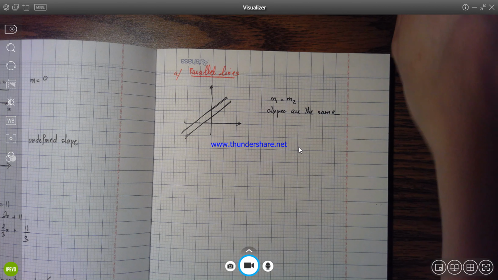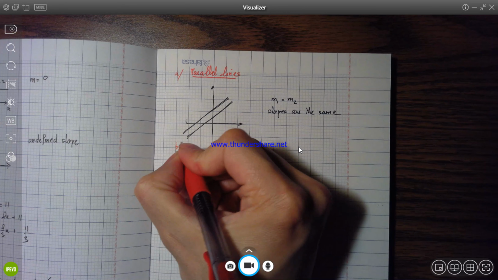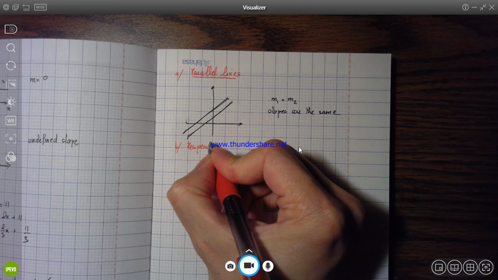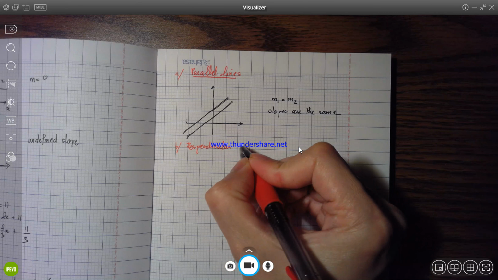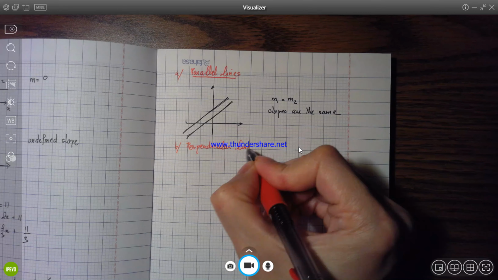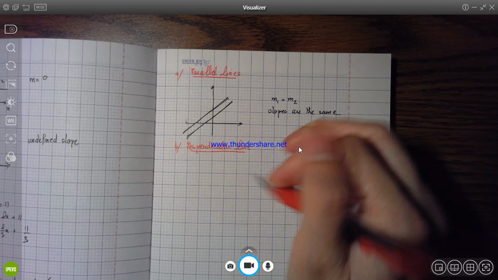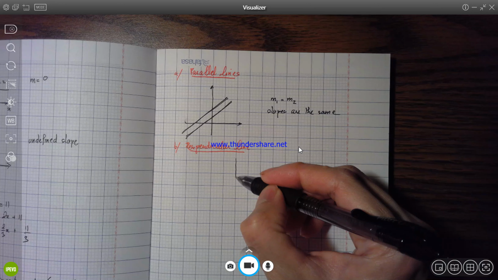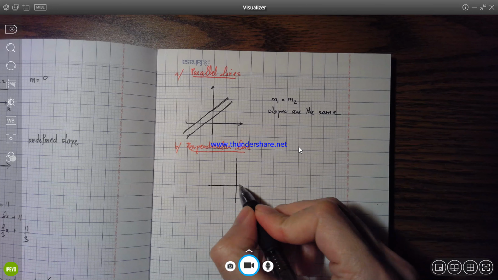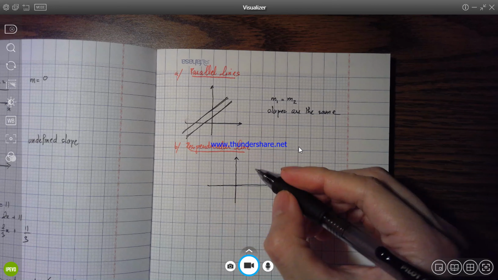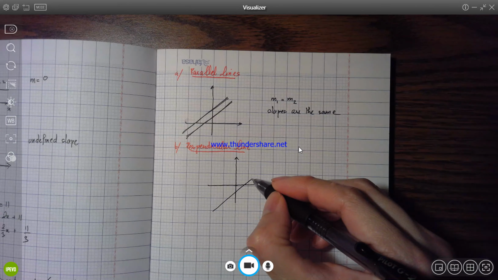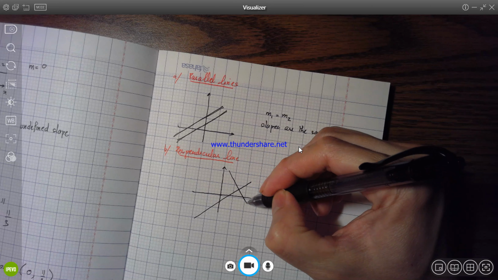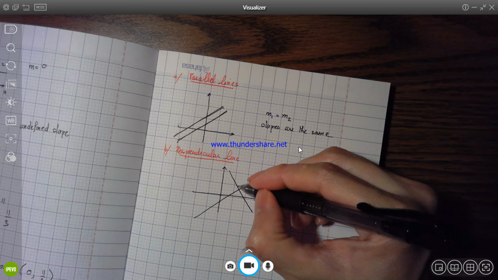Now, what happens if those lines are perpendicular to each other? What if they have something like this? I have one line like this, and I have another line kind of like this, and a perpendicular right here.